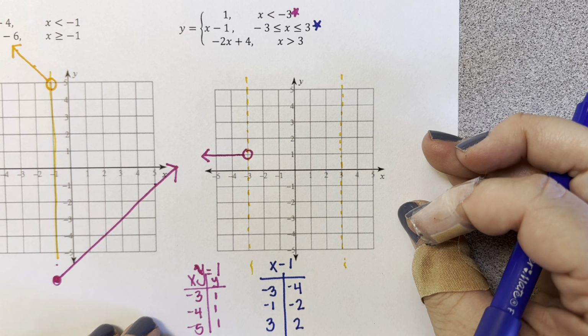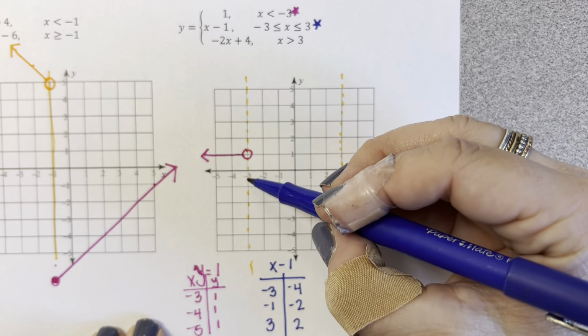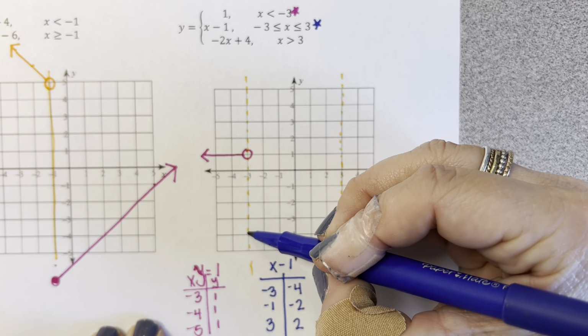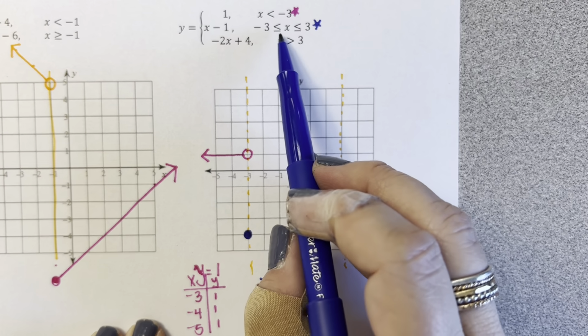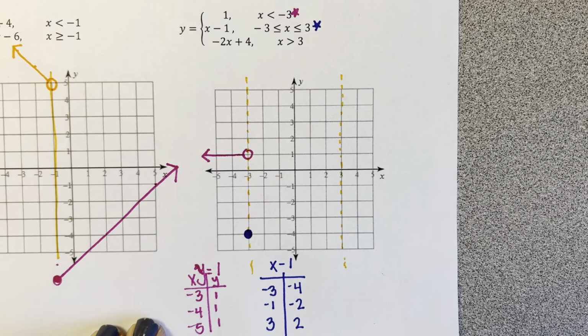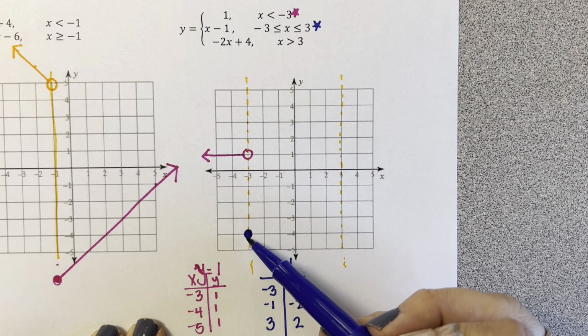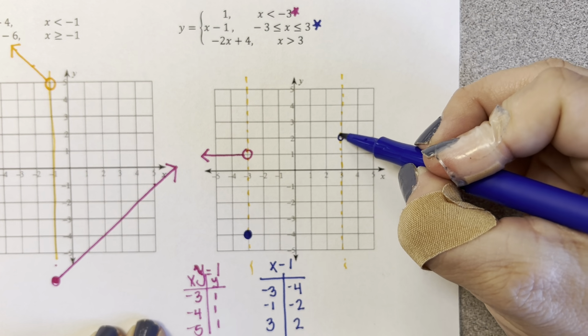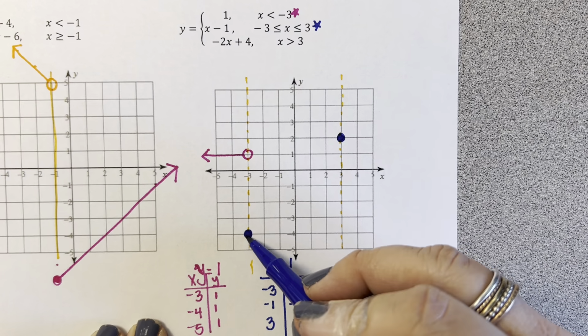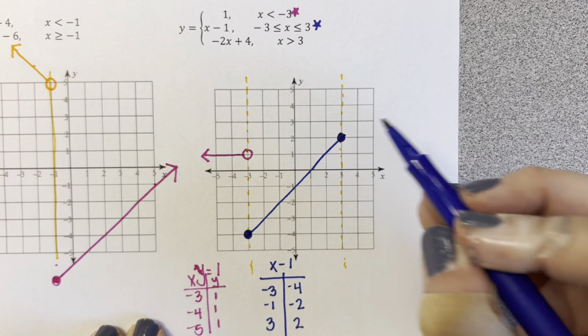So I'm going to graph the points -3, -4, -1, -2, and 3, 2. It is a closed circle because it has this equal to, it's telling you, hey, if your x is -3, this is the answer. And then 3, +2, same thing, closed circle. So it goes like that.